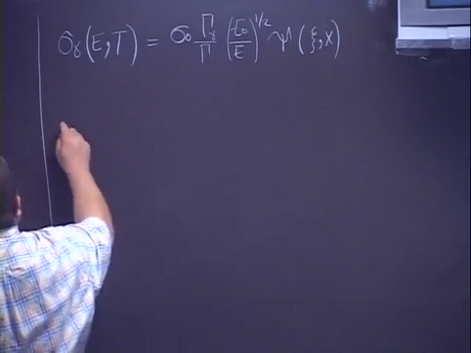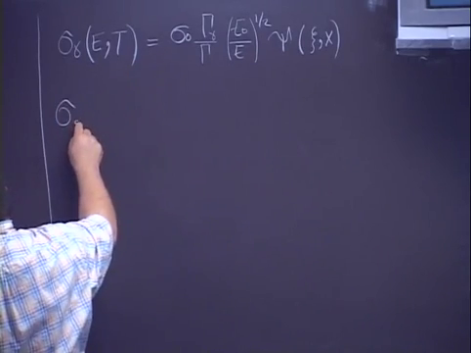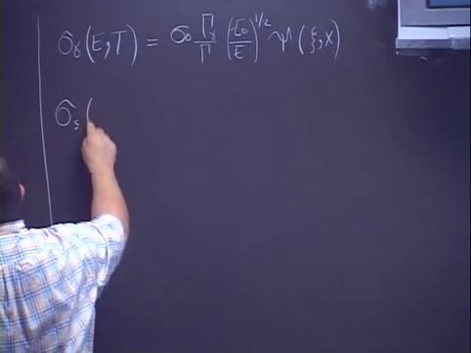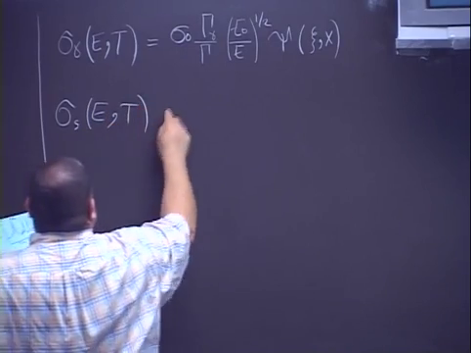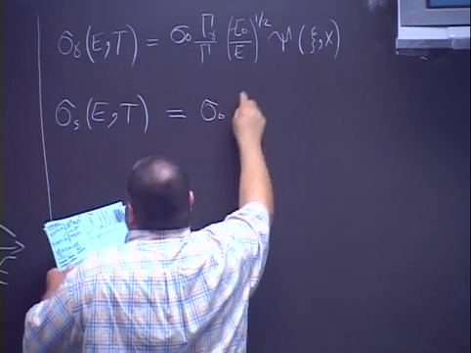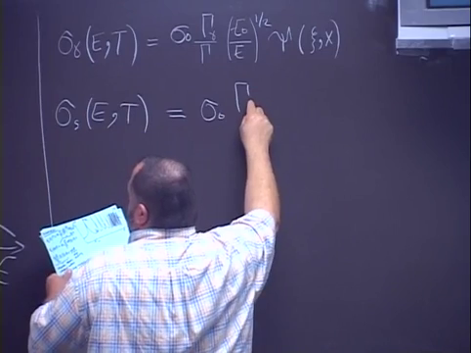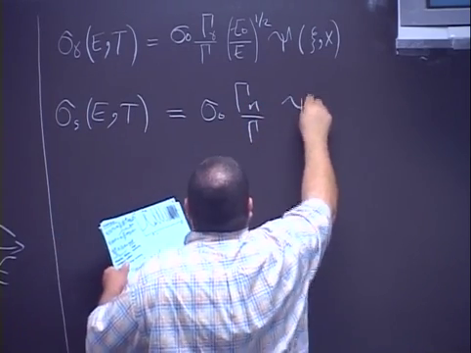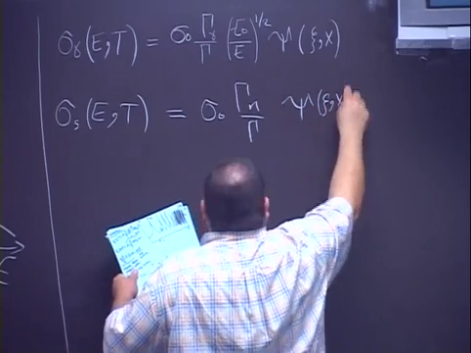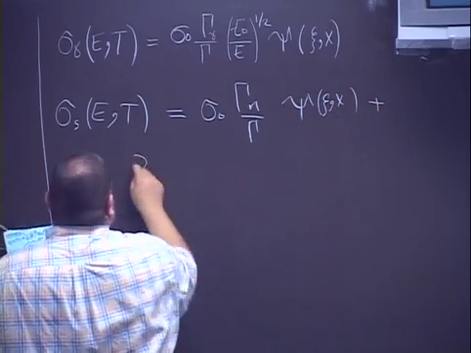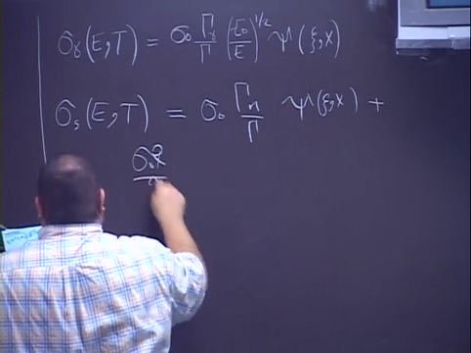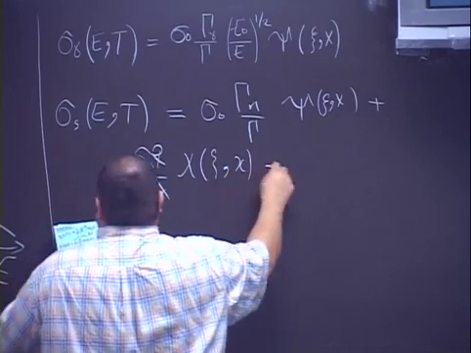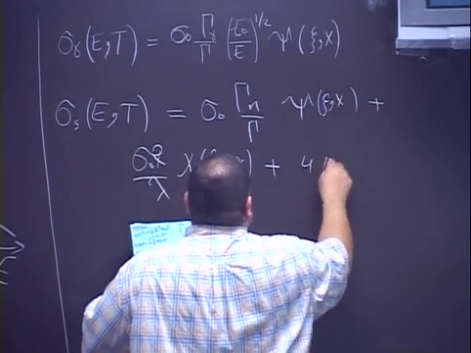Why do we have temperature here? And this is sigma scattering. Why do we have temperature here? Sigma naught, gamma n over gamma multiplied by psi of xi and x, plus sigma naught R over lambda multiplied by chi of xi and x, plus 4 pi R squared.